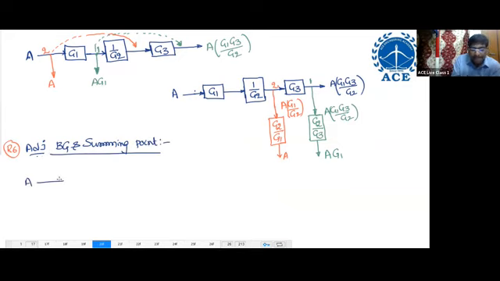A, here G, summing point plus R minus B, output. Now shift the summing point ahead of G and draw the equivalent diagram. Come on.